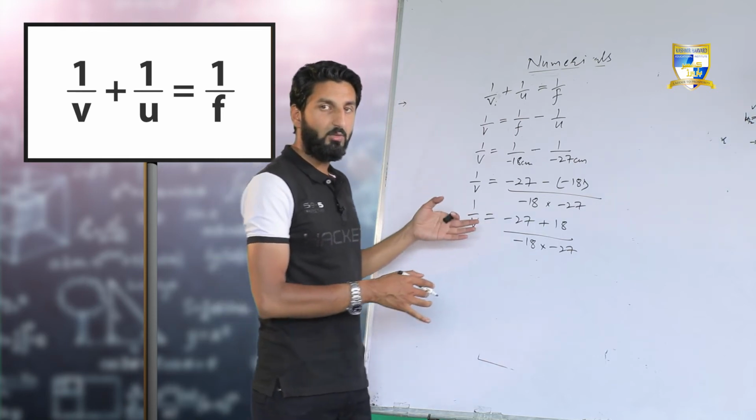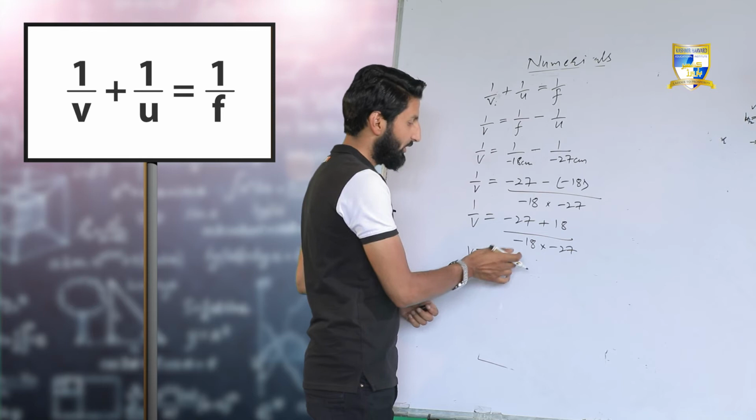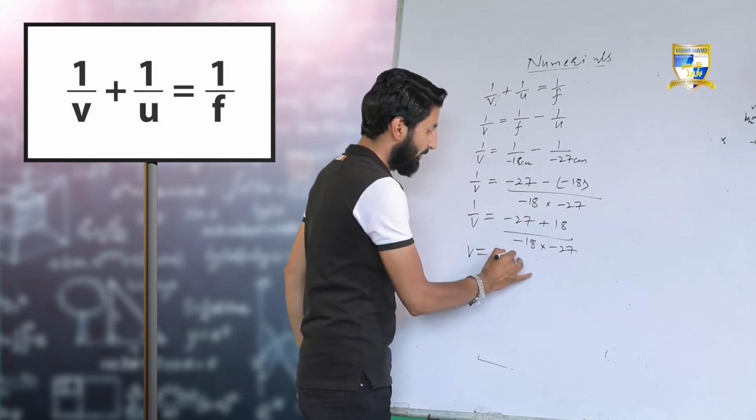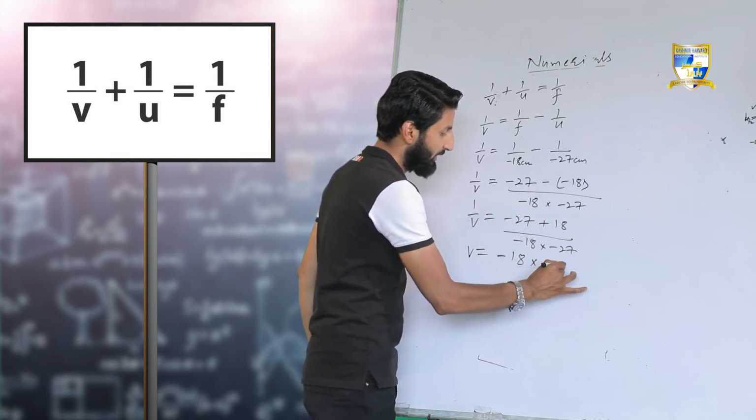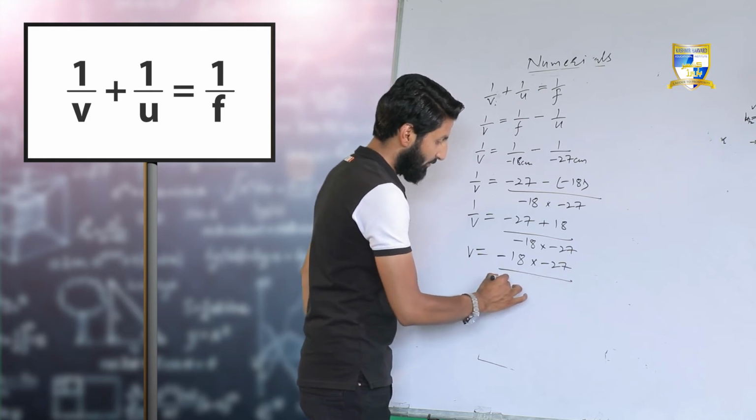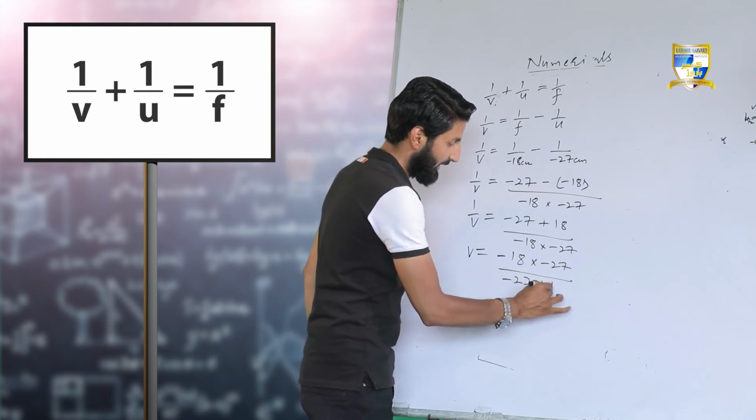We would put it as V. V is equal to, the reciprocal would take place here, minus 18 into minus 27 divided by minus 27 plus 18.